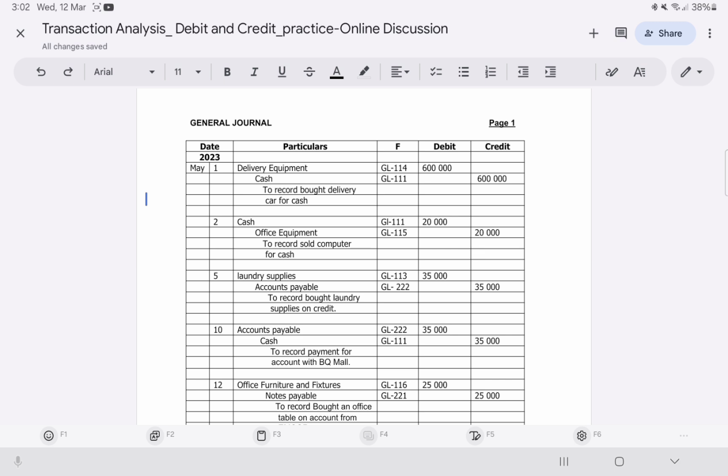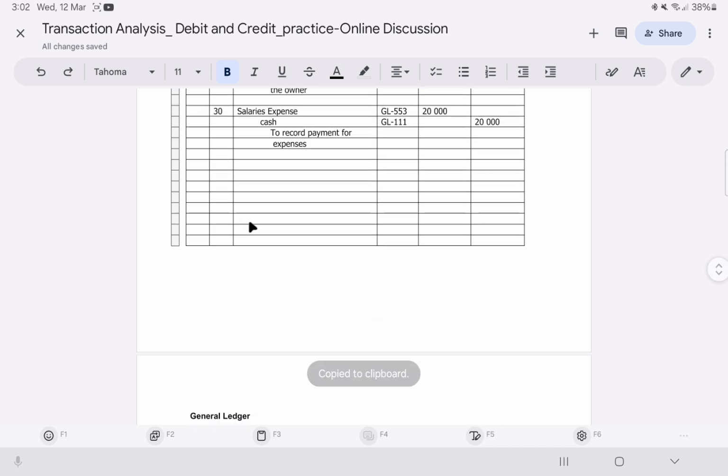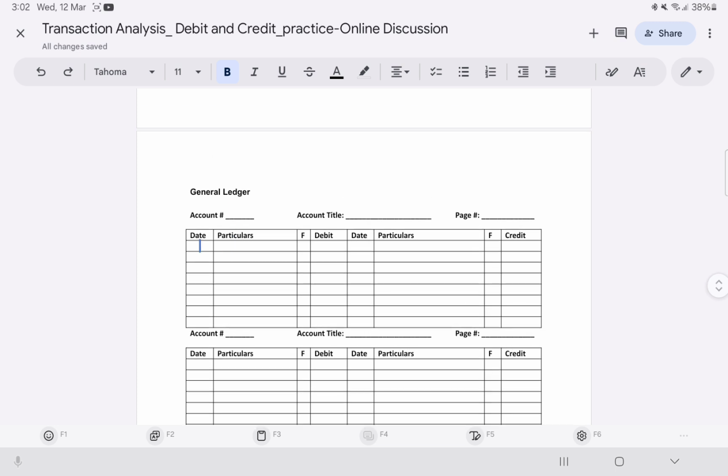Okay, so let us start on May 1, 2023, the May 1 transaction. We'll be copying the year 2023 and post this one to the general ledger.